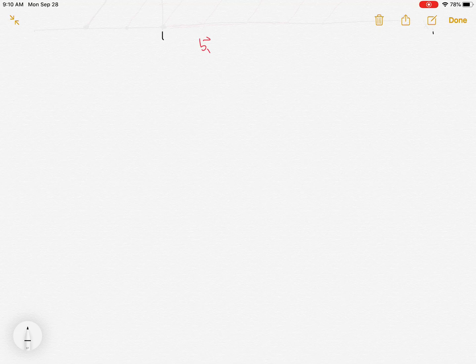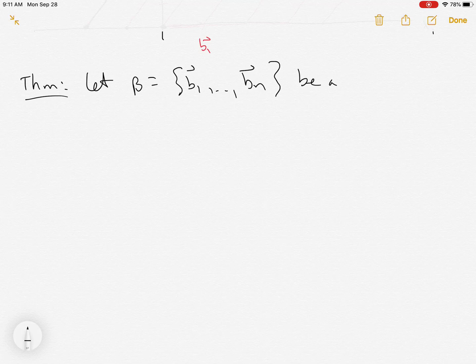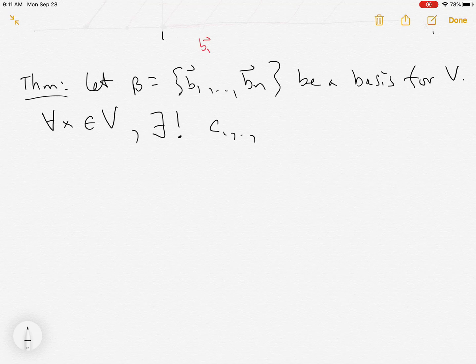So, like most things, this leads to a theorem. So let beta be some basis for vector space V. Then, for every x in V, there exists a unique C1 down to Cn.